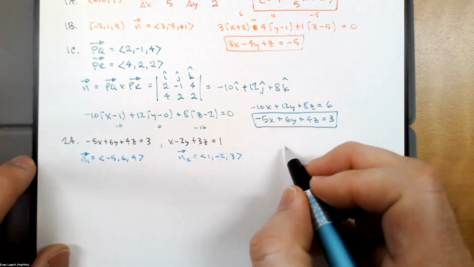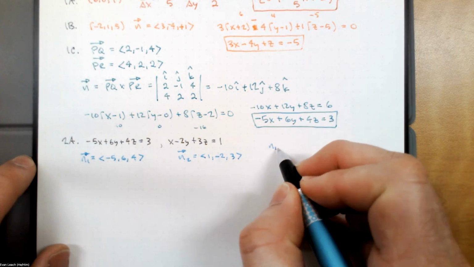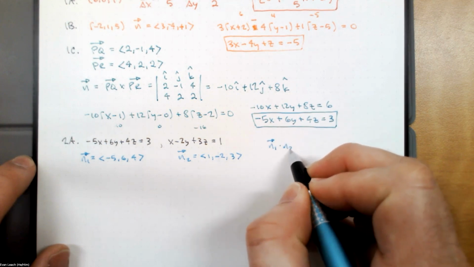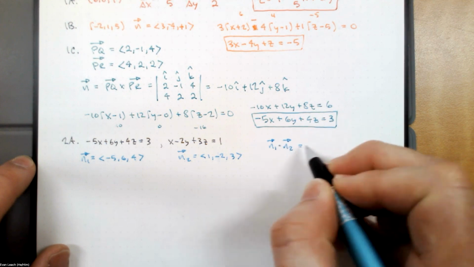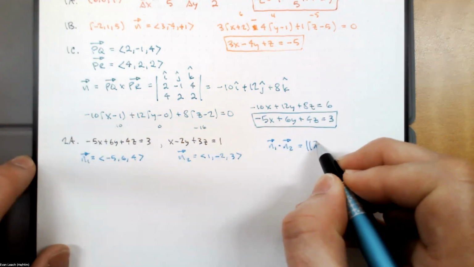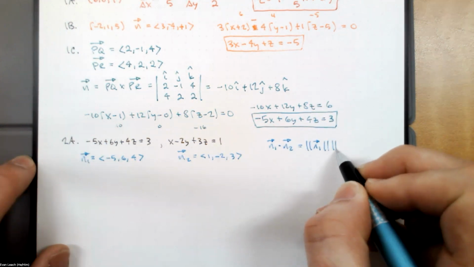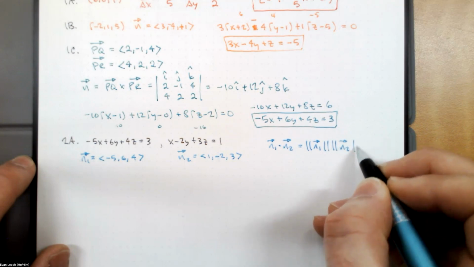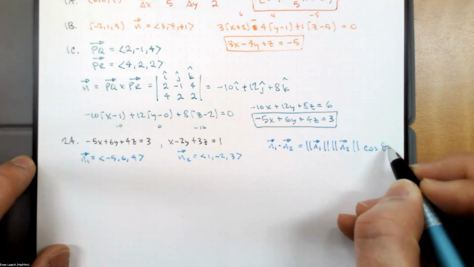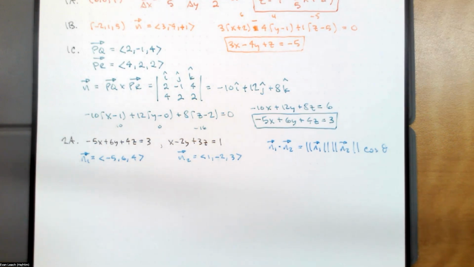And then we're going to combine this with the fact that n1 dot n2 is equal to the magnitude of n1 times the magnitude of n2 times the cosine of the angle between them. 4 things in this equation. We can find 3 of them. So that'll tell us the 4th.